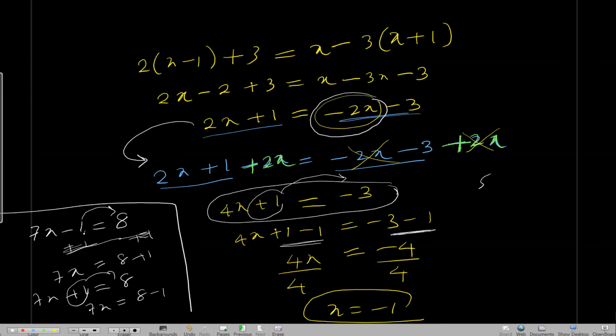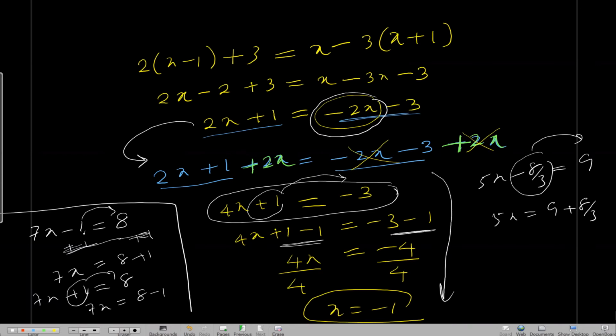For example, if you had 5x minus 8 over 3 equals 9, well, this guy will go to the other side, but you have to remember the sign will change, right? You can remember it like that. That's an easy trick. But again, what's happening mathematically is you are adding or subtracting the same number to both sides in order to get rid of the unwanted terms. Okay, I think that's clear.